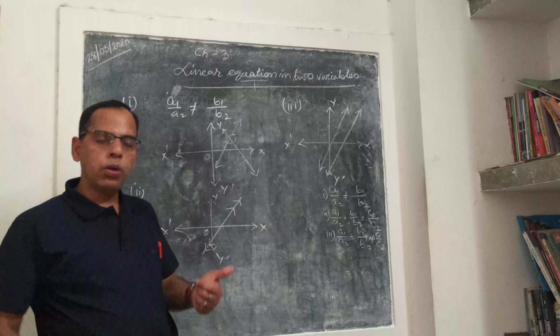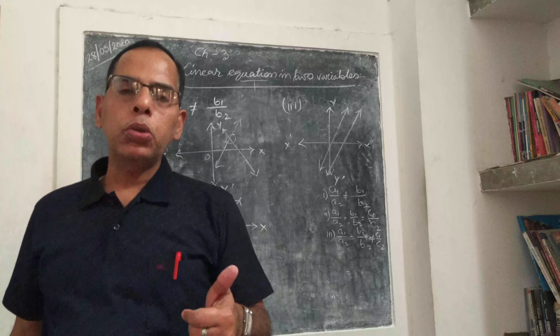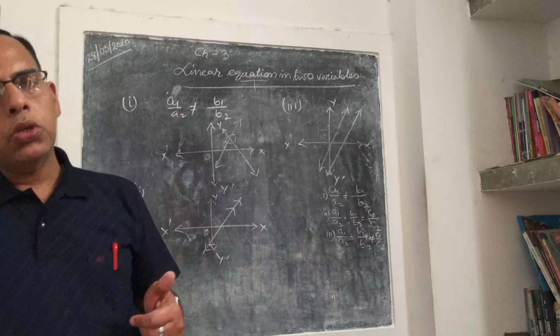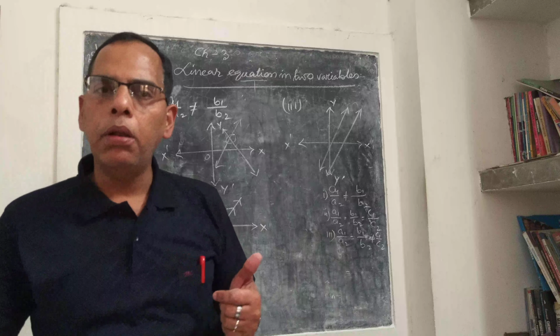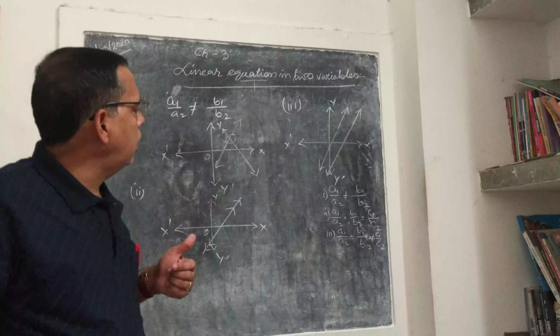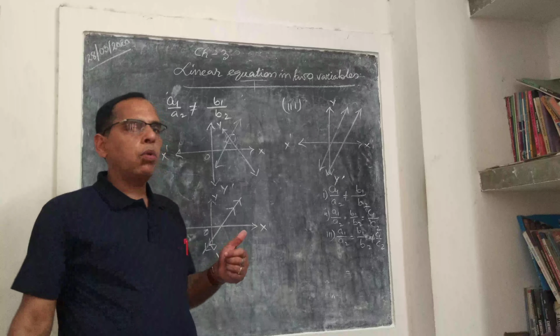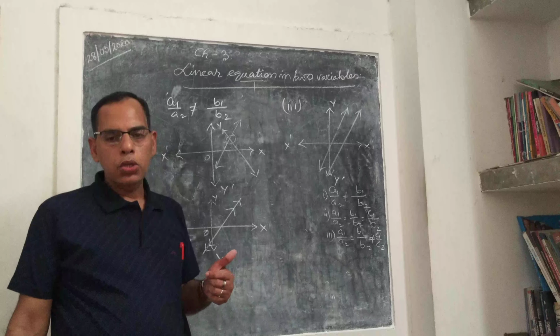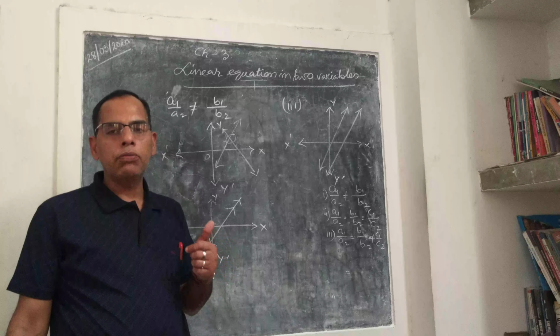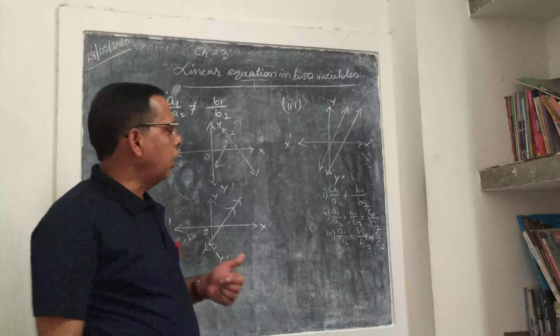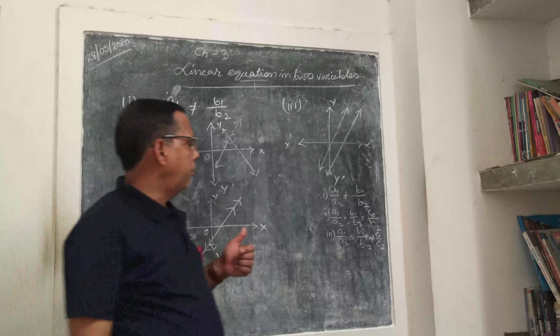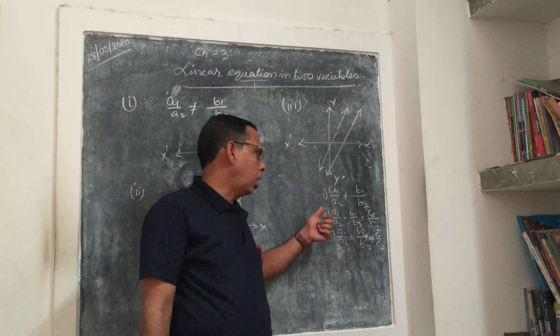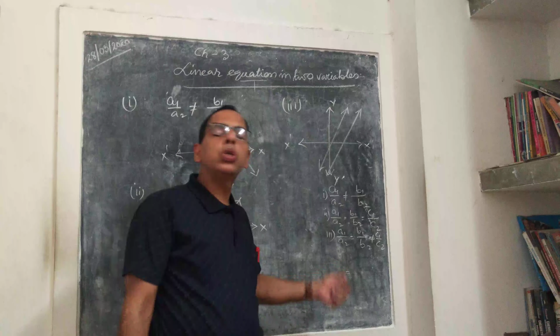So what did we get? First we got to know what is an equation, what is a linear equation in two variables. Then we saw what the nature of the solution is, whether it is unique, infinite or no solution.